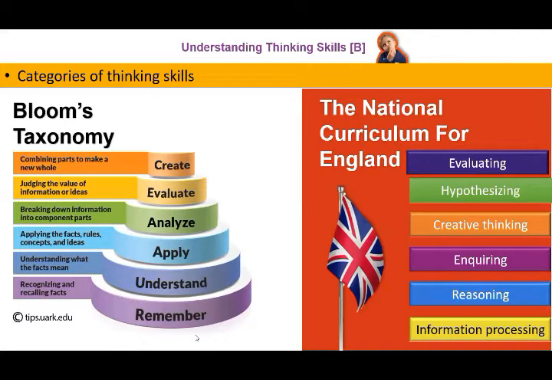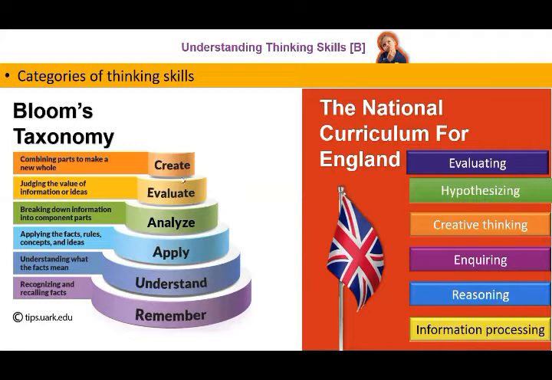So the summary of the differences: the first level in Bloom's taxonomy, the remember skill, we can't find in the national curriculum, so it is deleted. Information processing corresponds with understanding, reasoning with apply, and inquire with analyze. The last 3 skills are creative thinking, hypothesizing, and evaluating.